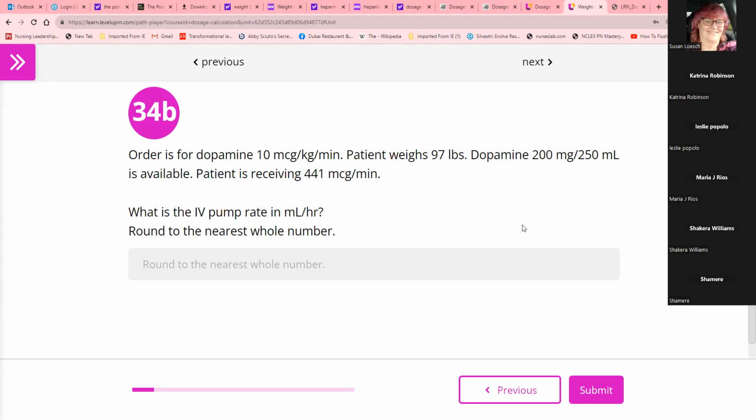So first let's take all our stuff out. So we have 97 pounds. We've got 10 micrograms per kilogram per minute. And we have 200 milligrams per 250 mL.